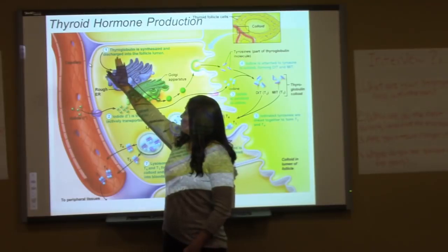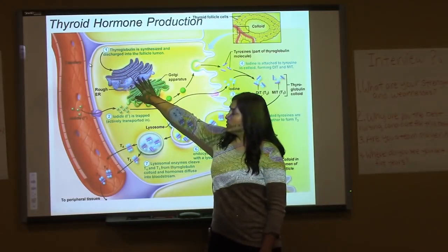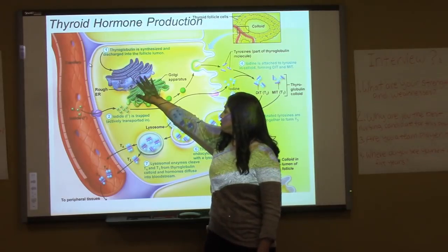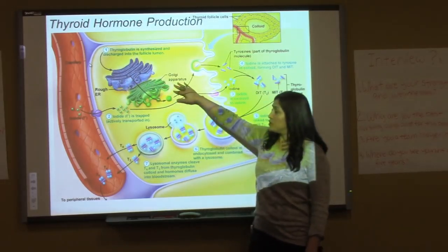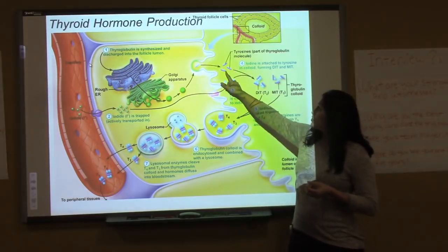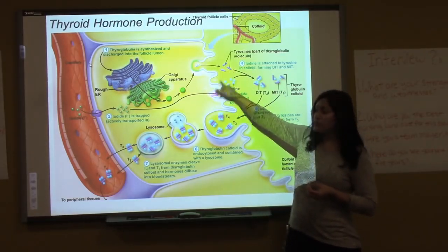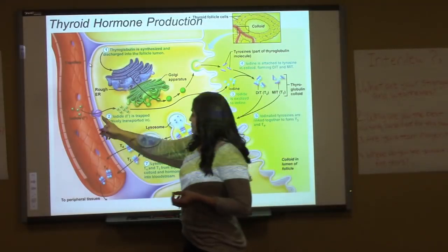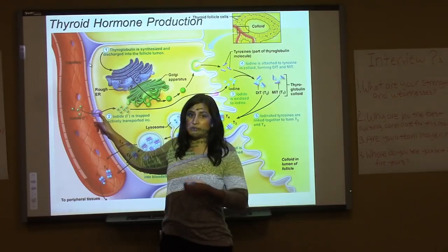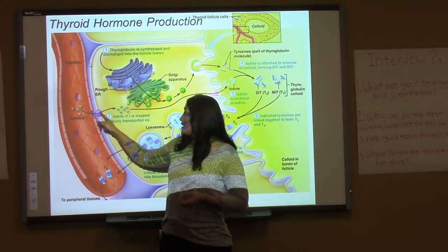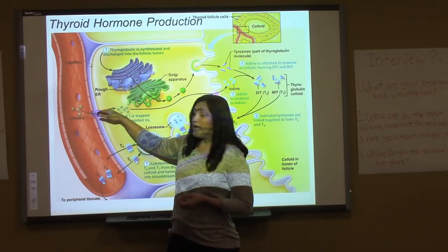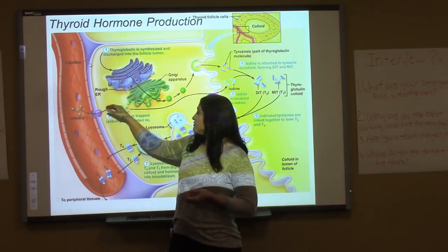So, step 1, thyroglobulin is produced. Thyroglobulin is a protein, so the ER and the Golgi apparatus basically produce a protein called thyroglobulin, and that is secreted into the colloid. So now in the colloid, you have the protein. Second step, this is basically a secondary active transport pump. It's a sodium iodine cotransporter. It actually transports sodium and iodine into the follicular cell.